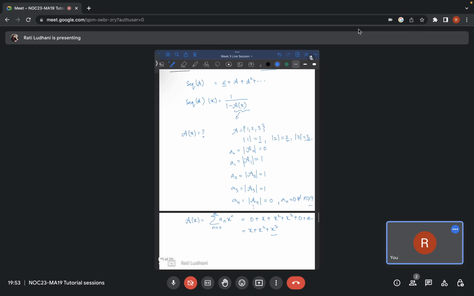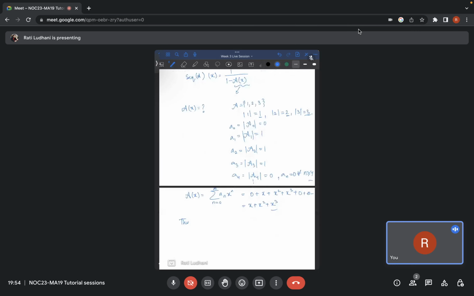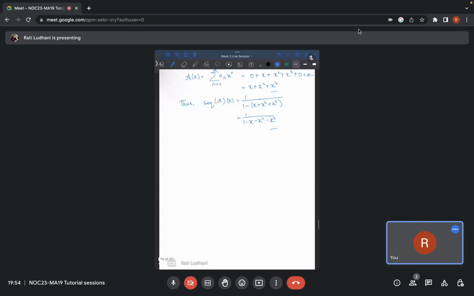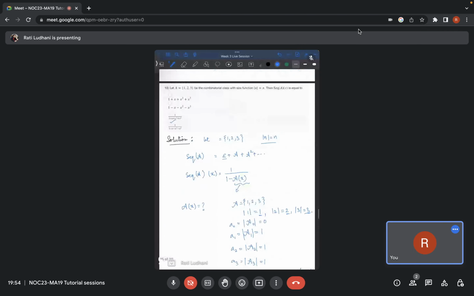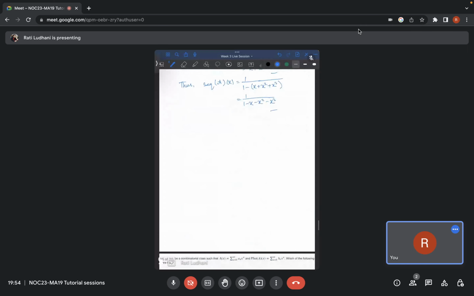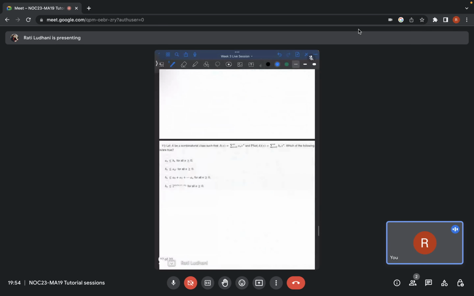The sequence class of A has the generating function equal to 1 by 1 minus (x plus x square plus x cube). This is your answer. Okay, let's move to the next question.